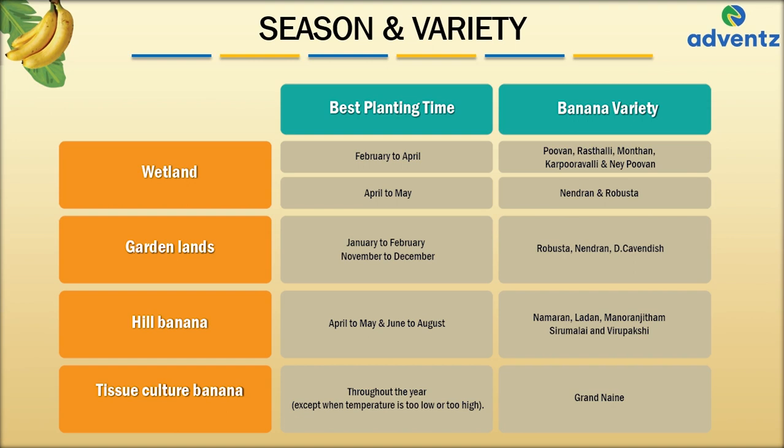Namaran, Ladan, Manoranjitham, Surumalai and Virupakshi are the best varieties which grow well in hill banana. For tissue culture banana, the best time for planting is throughout the year, except when the temperature is too low or too high. Grand Nain is the best variety which grows well in tissue culture banana.